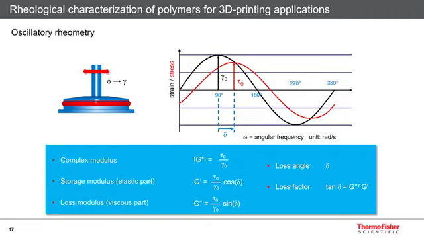And a phase angle close to 90 degree describes an almost entirely viscous material. Everything higher than 0 and smaller than 90 degree describes a viscoelastic material. The tangent of the phase angle is the ratio between G" and G' and is sometimes also referred to as the damping factor.